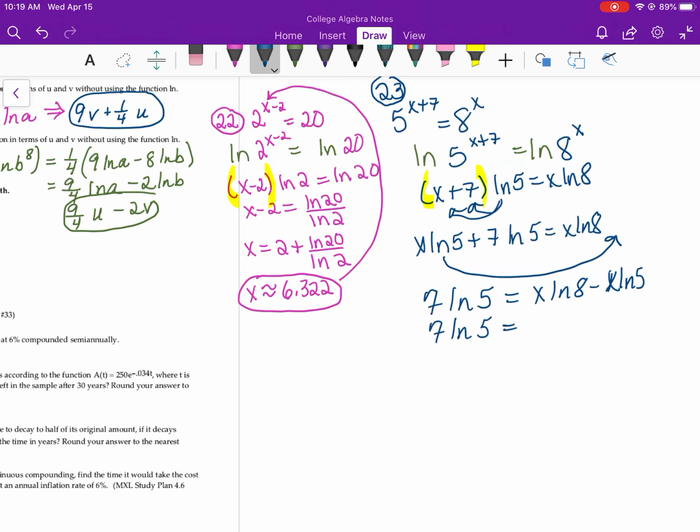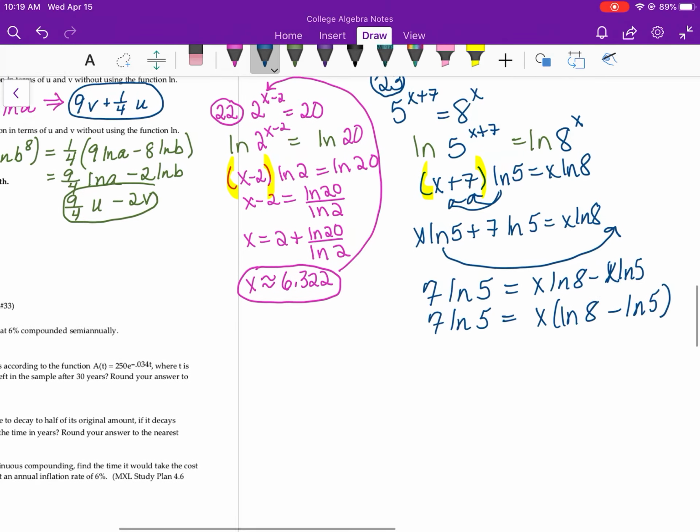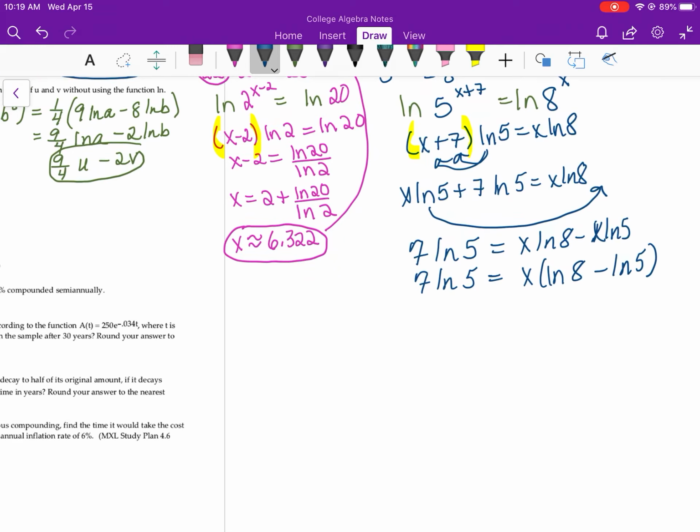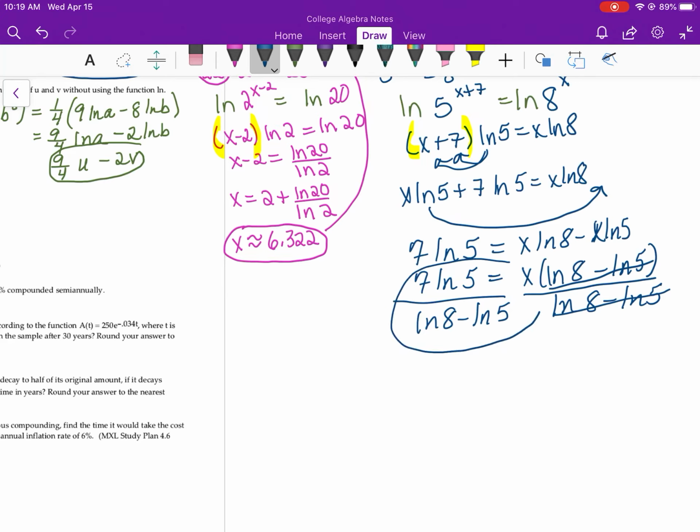Now these both have x in them. All right, then we're just going to divide. And this goes straight into your calculator.